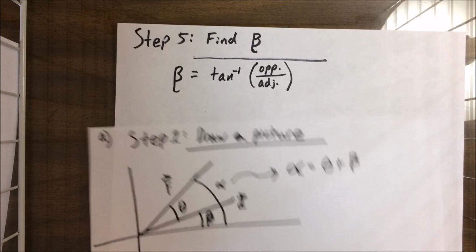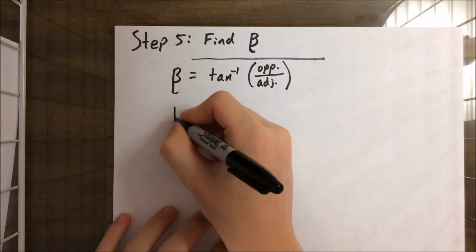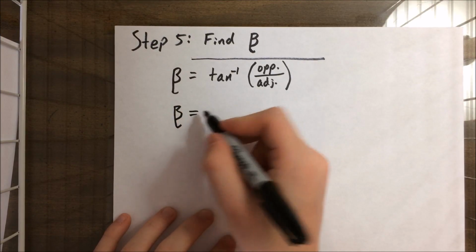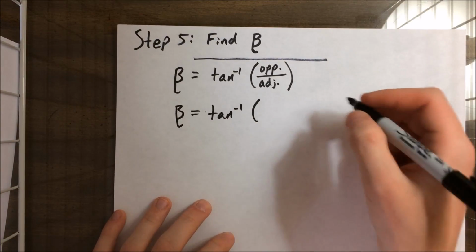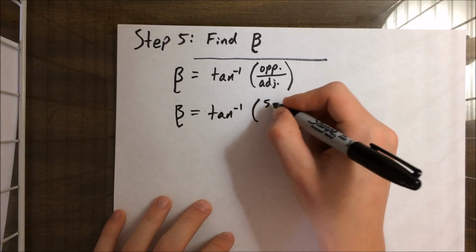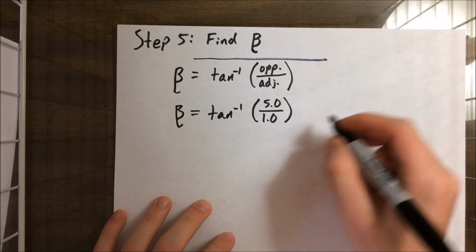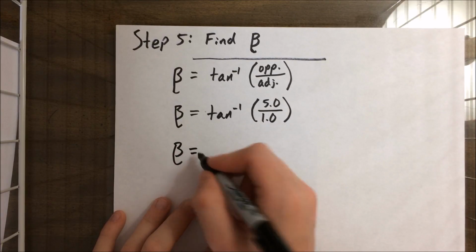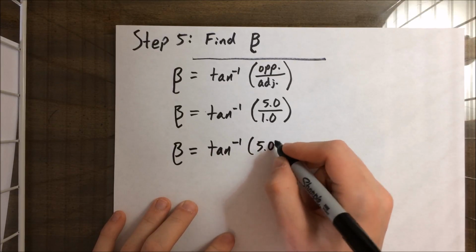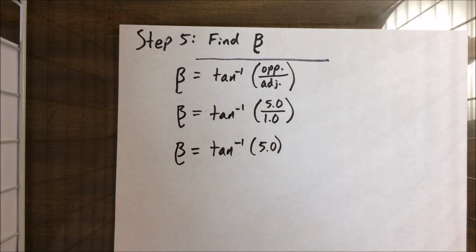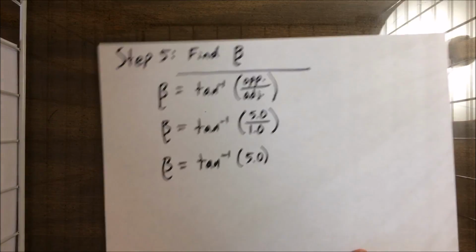So with d, we're going to plug in and get that opposite was the y direction, so that's 5.0 over the x direction, that's 1.0, and so we're going to get beta is equal to the inverse tangent of 5.0.